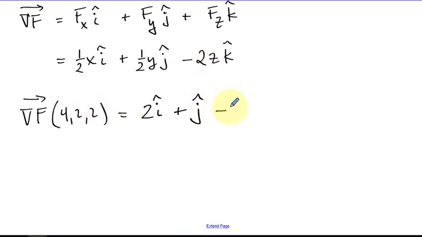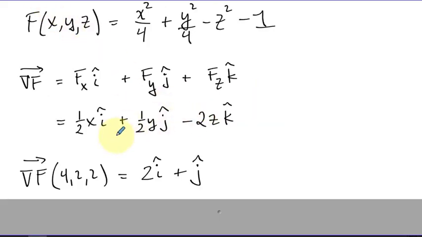And for the k component, if I plug in 2 again, that's a minus 4. Yep, my earlier minus 1 would have been a mistake. All right, so now we've got (2, 1, -4) for our normal vector.